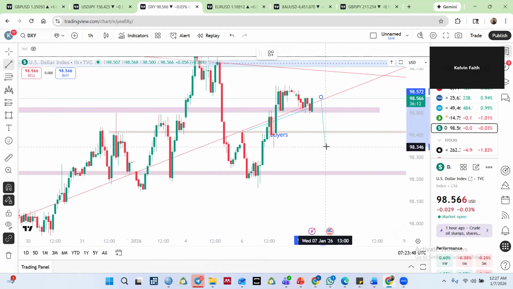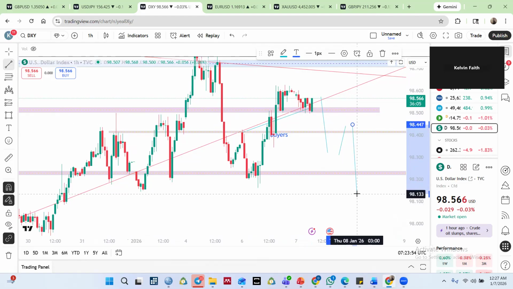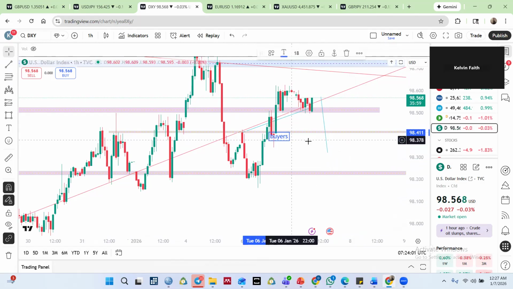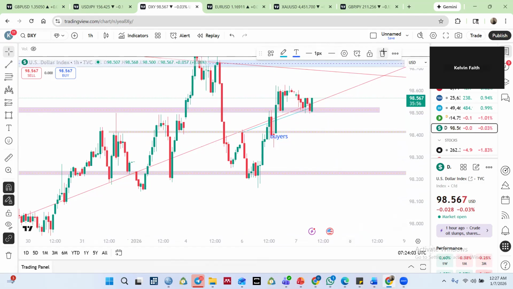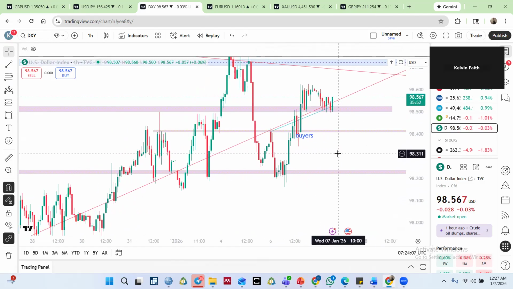Once we see that happen, then we might look for some retest of the same area here and more drops. So this is the way that I see the market behaving, or the reactions I want to see in order to see this pair falling.